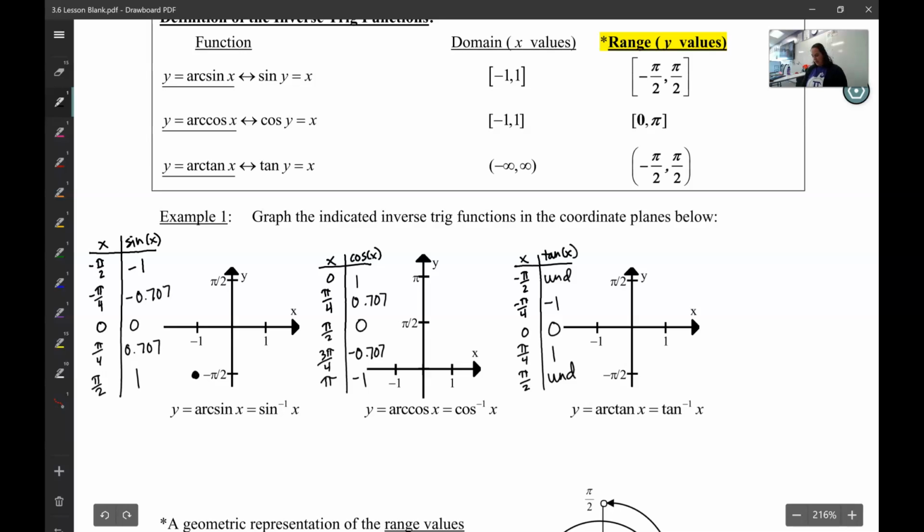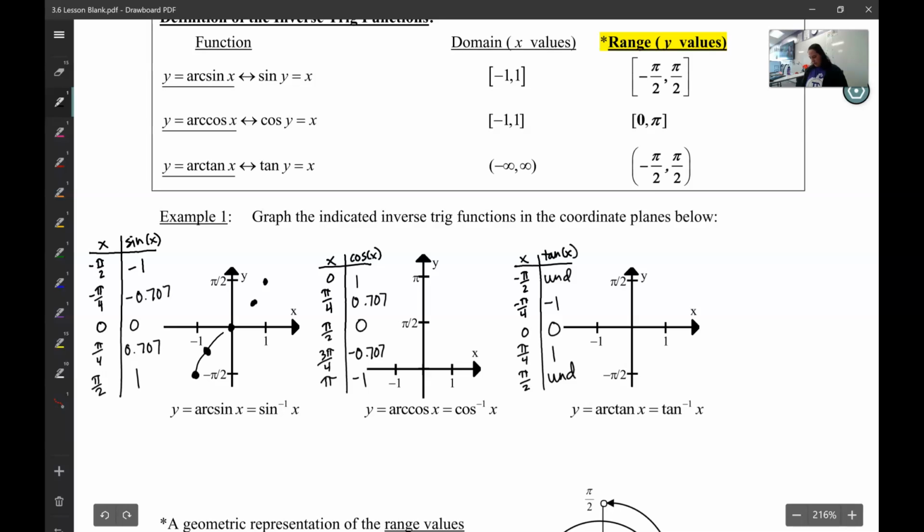And then same thing here. Instead of graphing negative pi fourths, negative 0.707, I'm going to flip it. Negative 0.707, which is there-ish. Negative pi fourths, which is there-ish. And then 0, 0 flipped is still 0, 0. Flip the other one, 0.707, comma pi fourths. And then 1, comma pi halves.